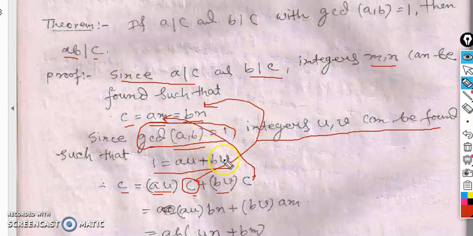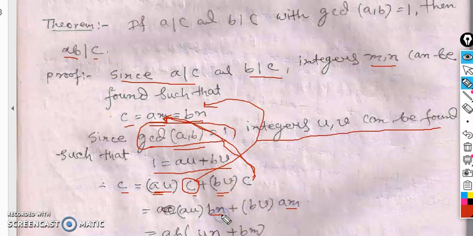Again we repeat the concept. When we put the value of c in the first term, since this term contained a, we put the value of c in terms of b. And when we put the value of c in the second term, since b is present here, we put the value of c in terms of a, so it represents am and bn.